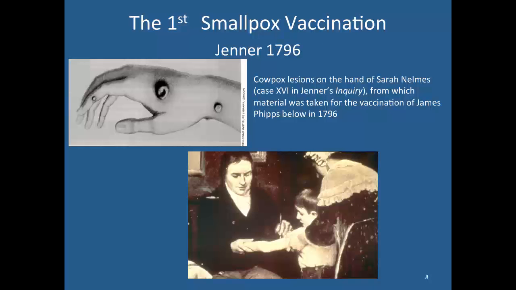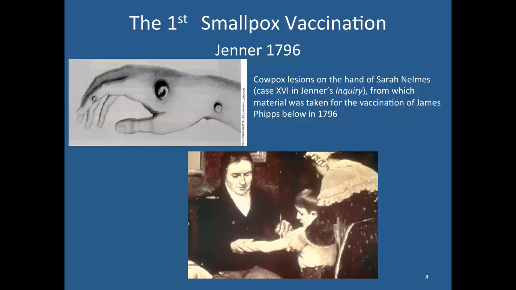So it was Jenner who noticed in 1796 that you can take pustules not from a human infected with smallpox, but from a cow, or a person that's been infected by a cow. He noticed that milkmaids, the women who milked the cows, would often get these pustules, a much smaller form of smallpox, which was actually cowpox, and they would survive the smallpox epidemics that came through without getting infected, because they were effectively immunized.